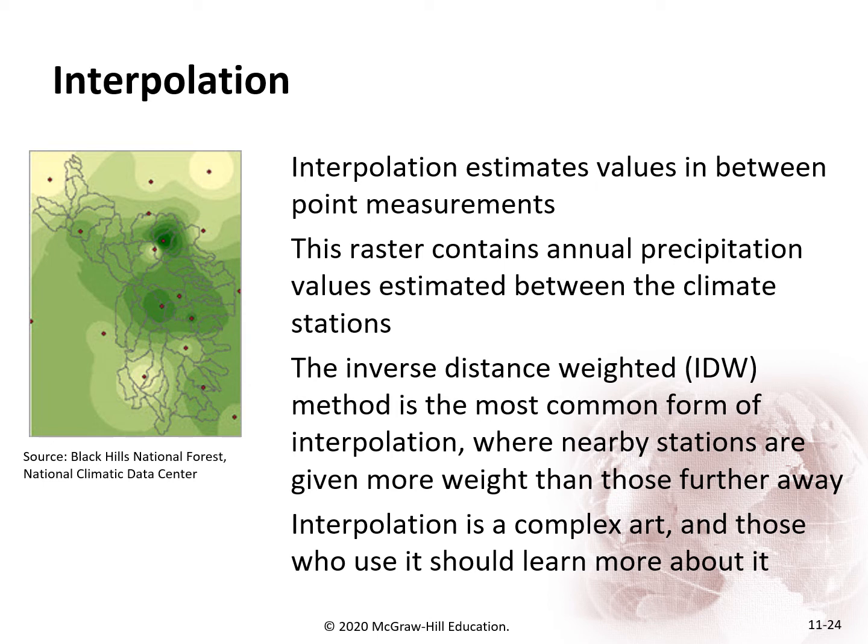We assume that places near it are going to be similar. And so with inverse distance weighted, for any location that you spot on a map, it finds the closest known value, and that value will be weighed most heavily in calculating the new value at the unknown location. But you can tell it to go out to a search radius or select a certain number of known points, or however you want to do that.